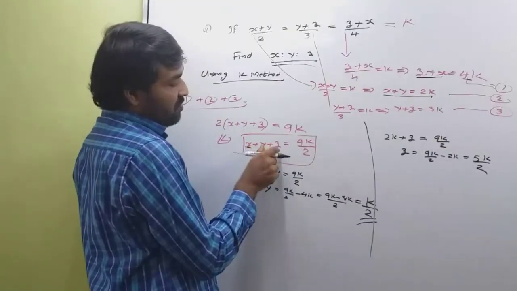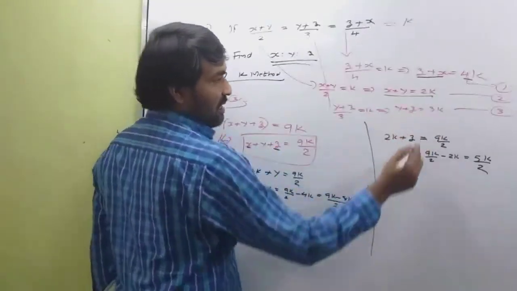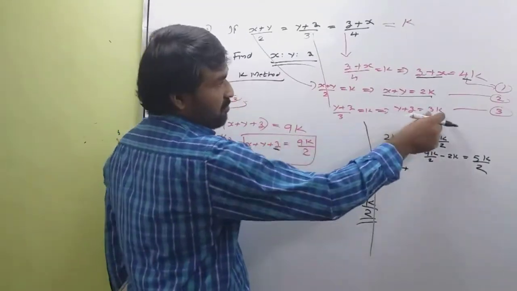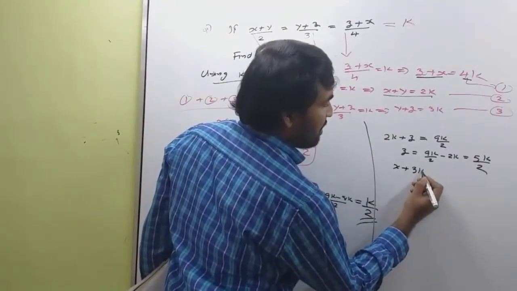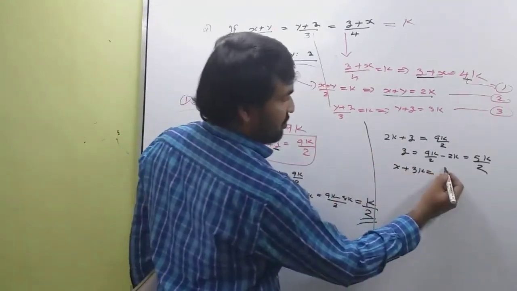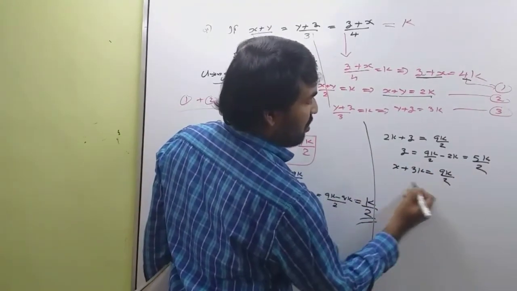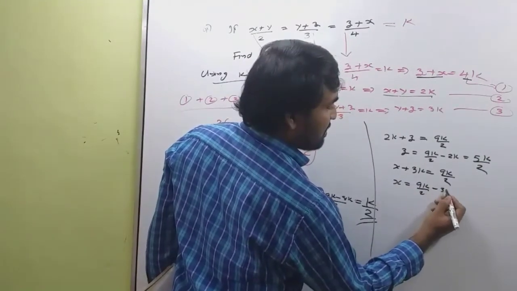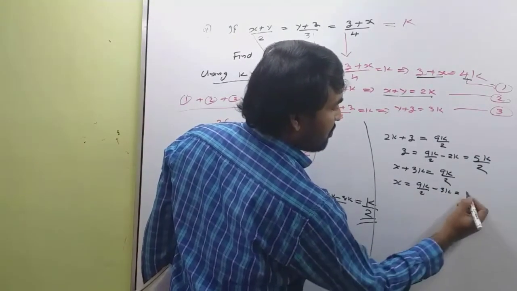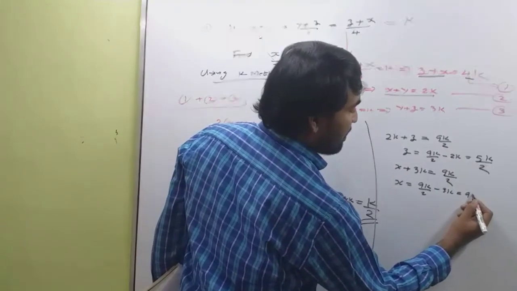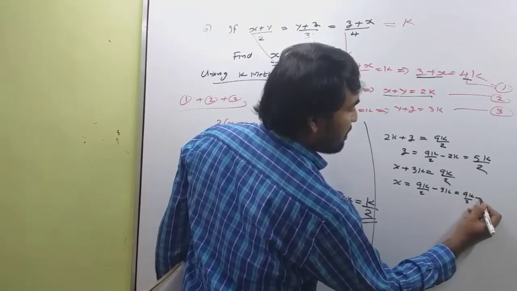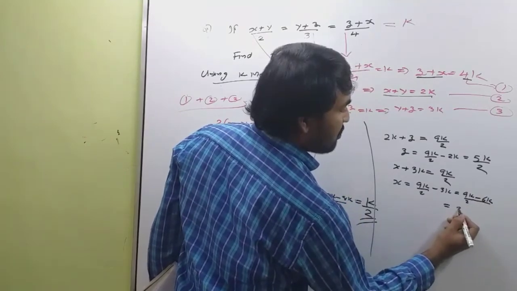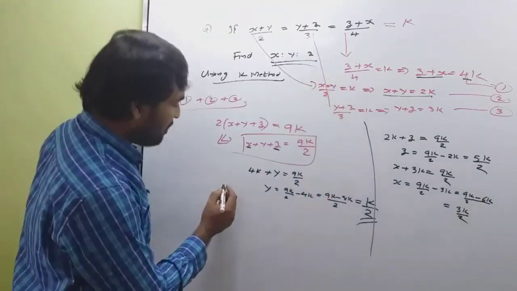So x plus y plus z, instead of y plus z I am putting 3k. 3k plus x is equal to 9k by 2, or x is equal to 9k by 2 minus 3k, that is equal to 9k by 2 minus 6k by 2, or is equal to 3k by 2.